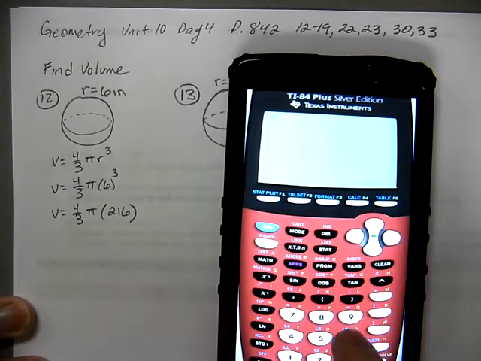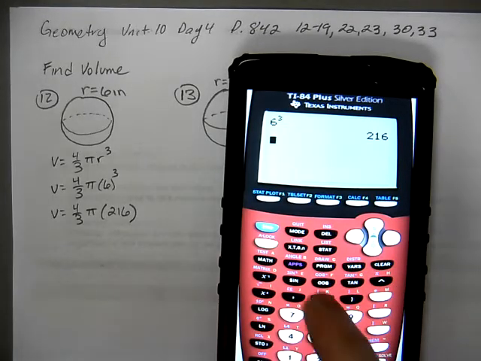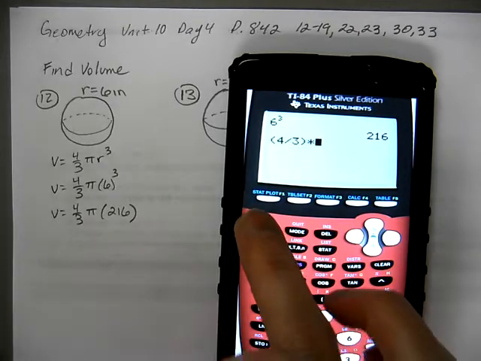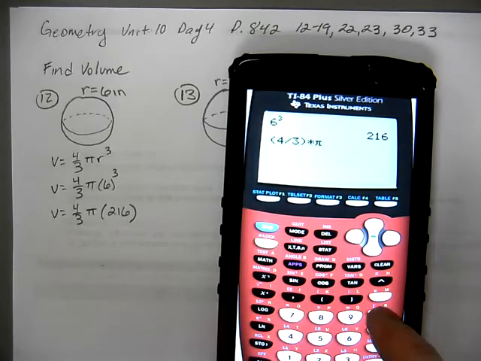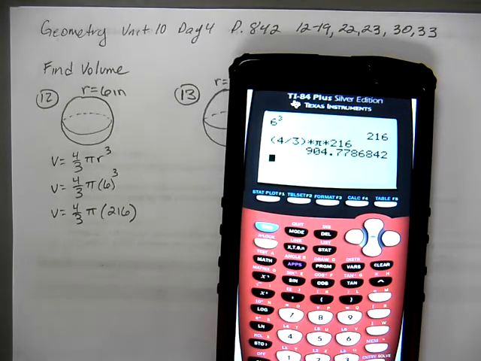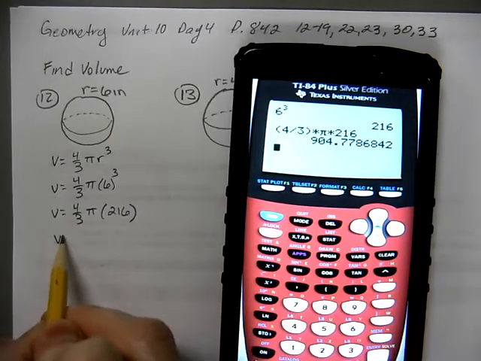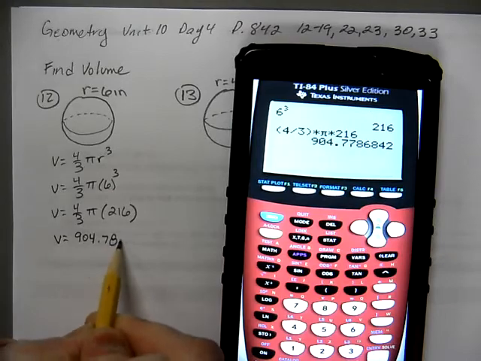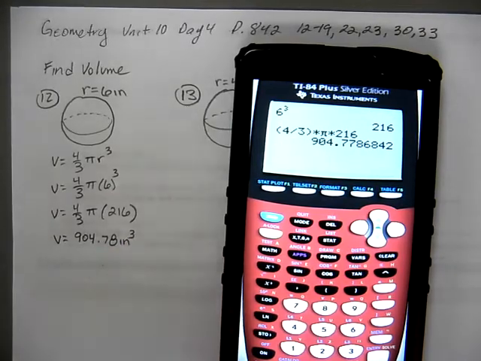So we can verify the 6 cubed is 216. Then we would say 4 divided by 3 times pi times our 216 gives us 904.78, and those are inches cubed.